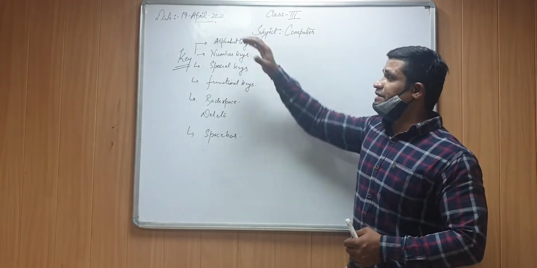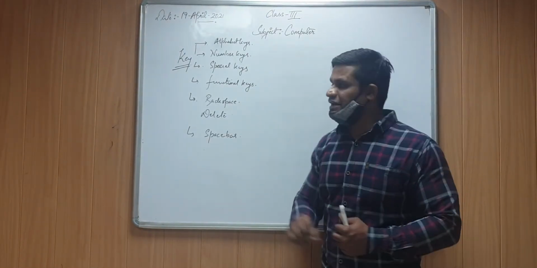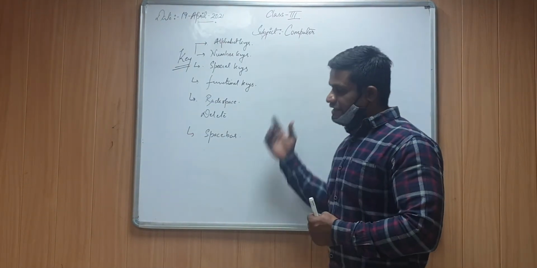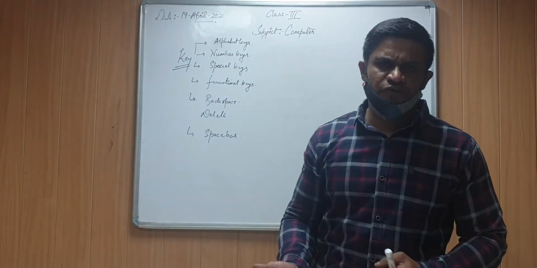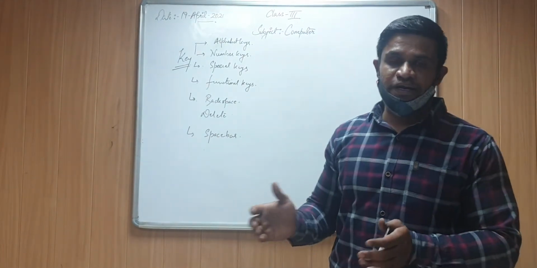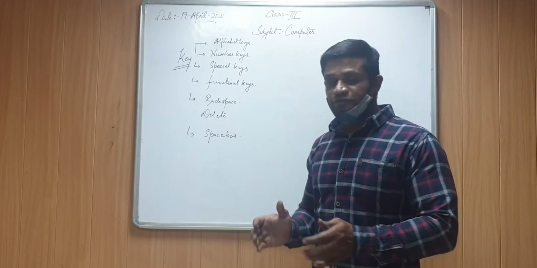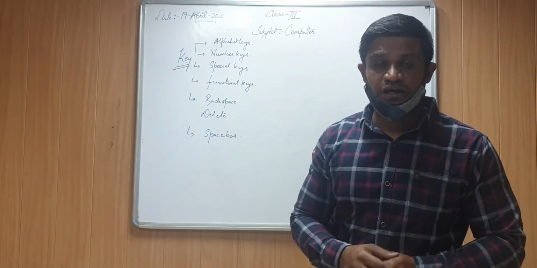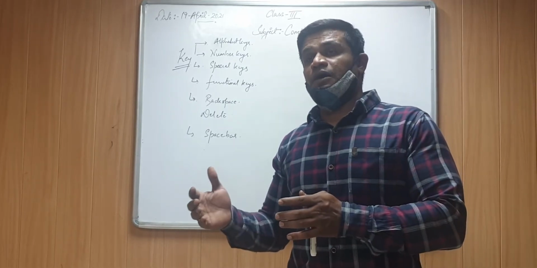Like alphabet keys are used to type alphabets, number keys are used to type numbers, special keys like enter, shift, caps lock are used for different actions. Like the enter key is used to shift the cursor to the next line.